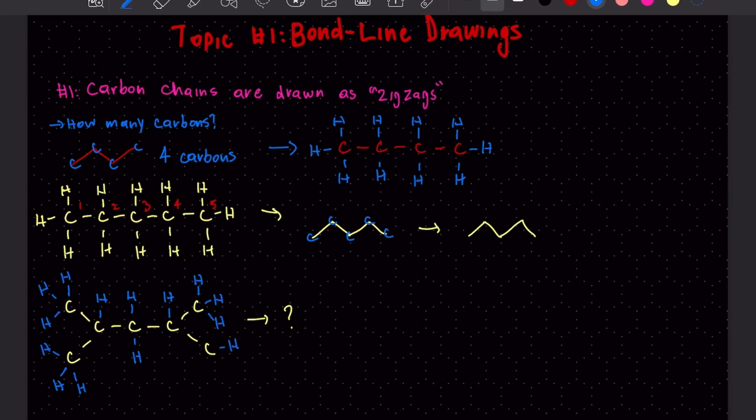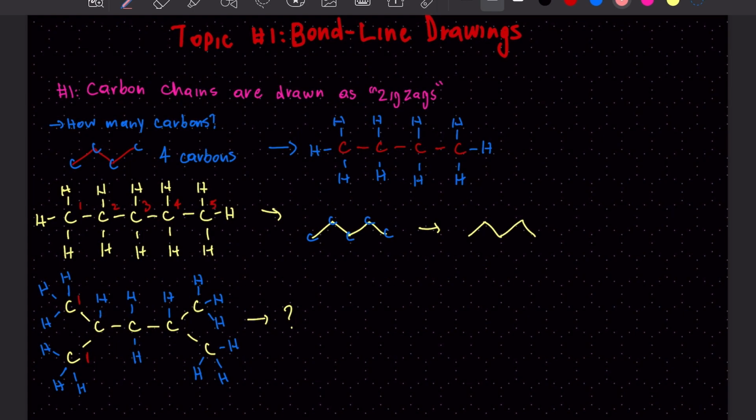We can use the same technique that we used in our previous problem by counting the number of carbons in our longest carbon chain. So let's start on the left side. We can have carbon number 1 right here, or carbon number 1 on the bottom, since both of these carbons are equivalent since they're both attached to this one carbon.